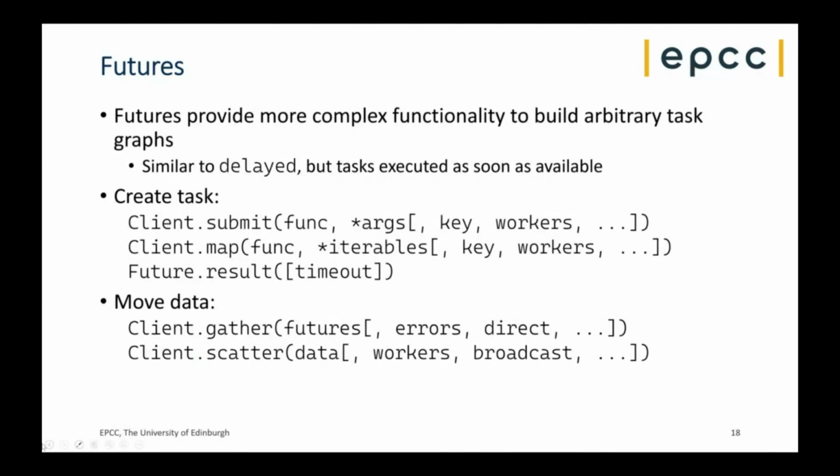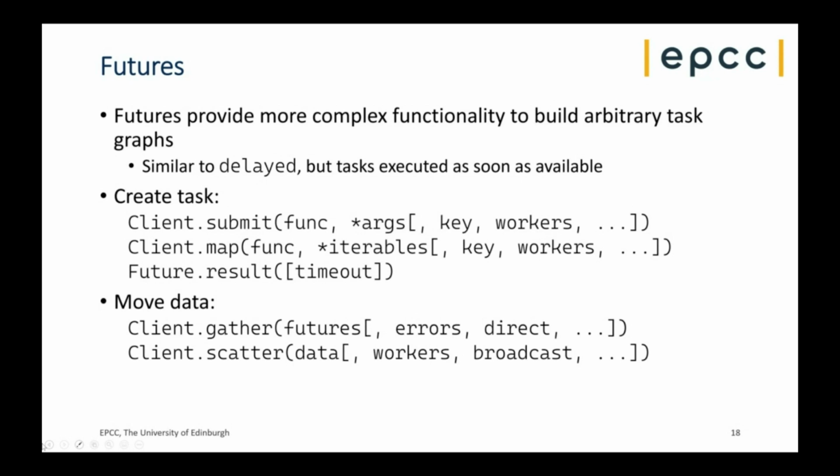And then there's a bit more of a functional thing called futures, which is a bit newer, but it actually lets you do slightly more involved task graphs, which you can build as you're running. Because the delayed functionality is sort of build the whole task graph and then run it at the end, just like a lot of the other Dask stuff.